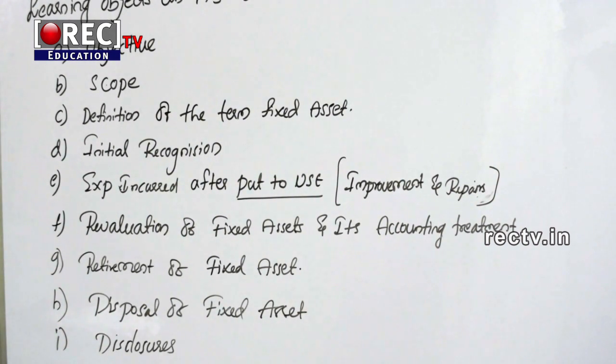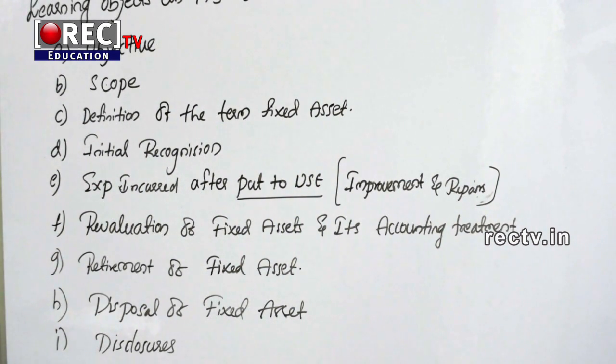And the fourth, accounting of livestock, no separate standard for this. And the fifth, depreciation accounting in relation to fixed assets. So AS10 does not deal with the depreciation or amortization of fixed assets.